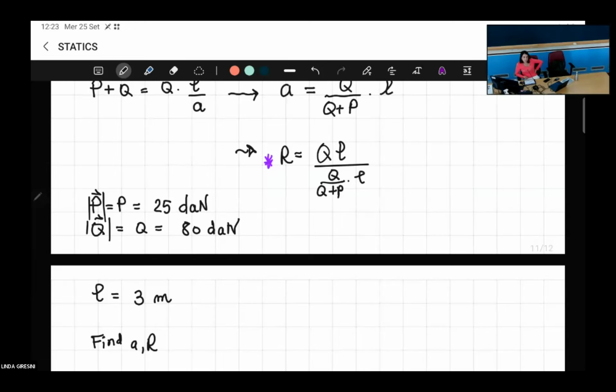And something that you can do to check if your result is correct is to change the pole.